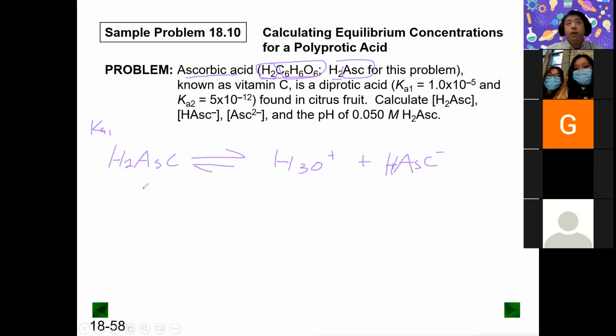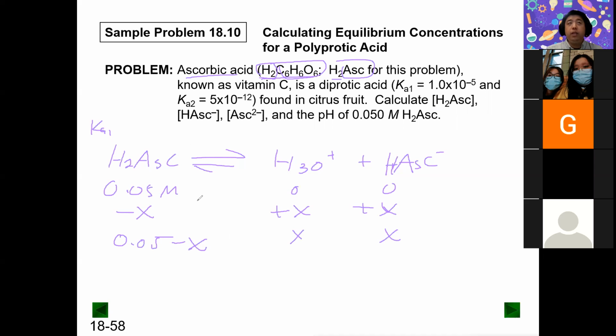So given this setup, what is my concentration of H2ASC? Not a trick question here. 0.05 M. These are zeros. I have the normal setup, minus X, plus X, plus X. This becomes X. This becomes 0.05 minus X.